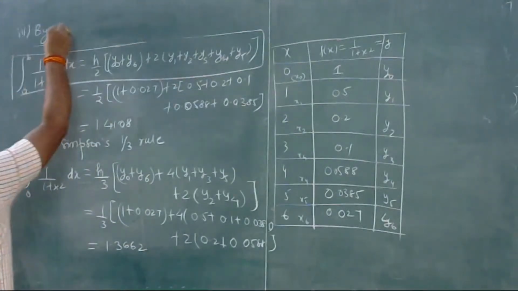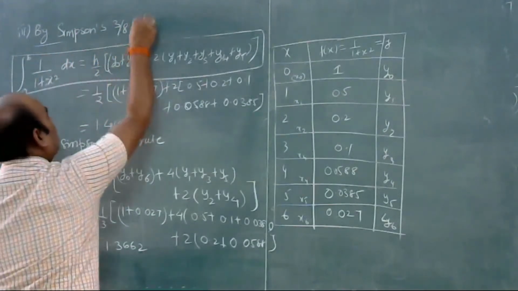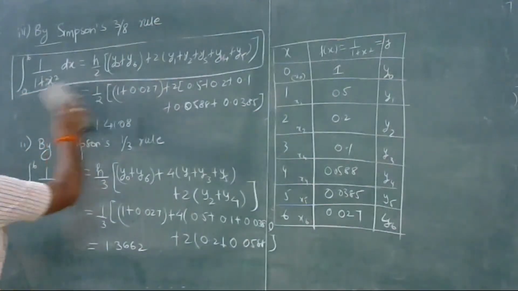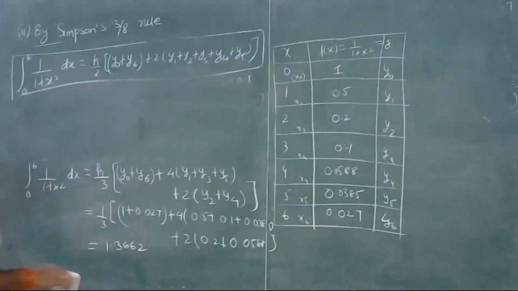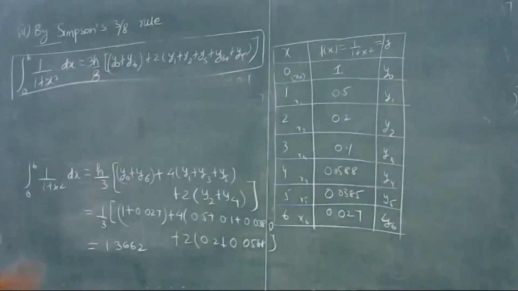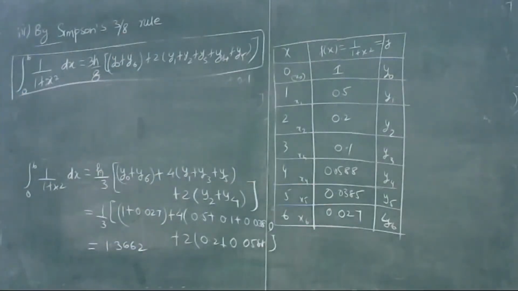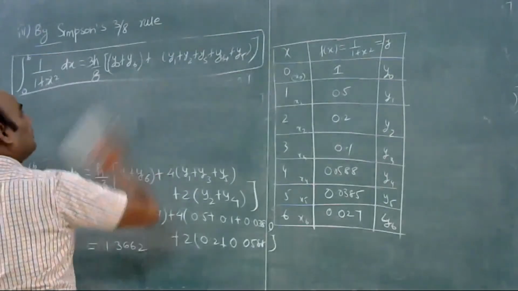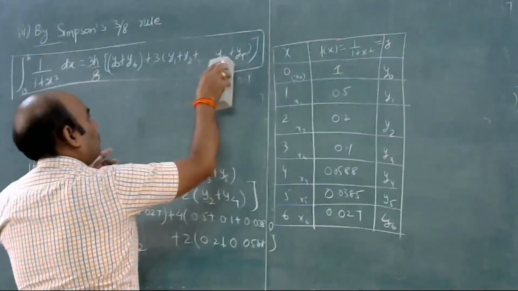This is the first. Again, write the first term and last term, so y0 plus y6, and this is 3 upon 8, so 3h upon 8. Then 3 times y1, y2, y4, y5.